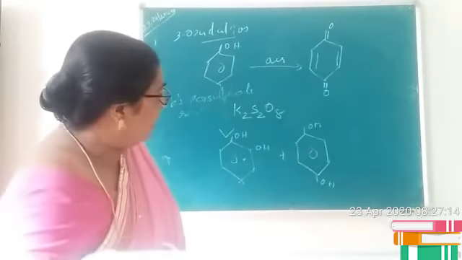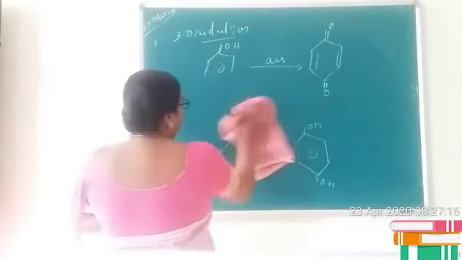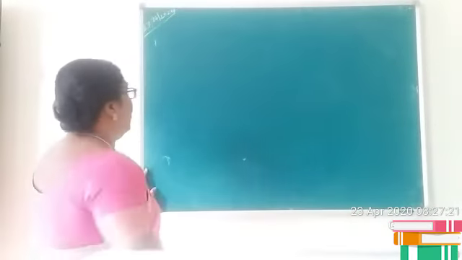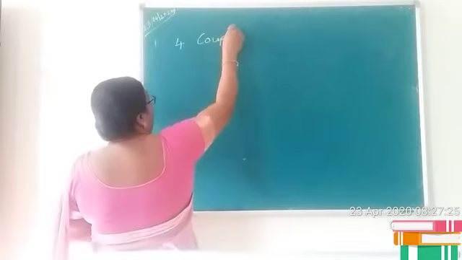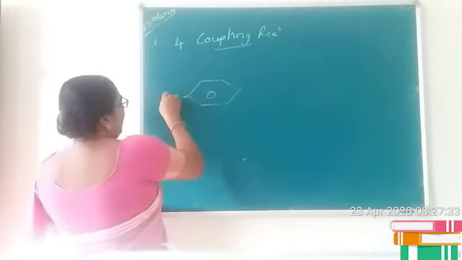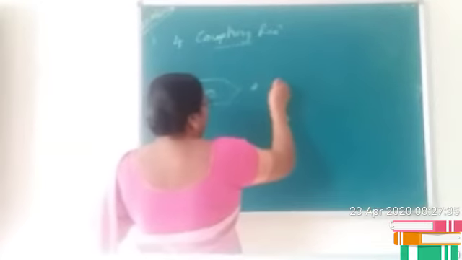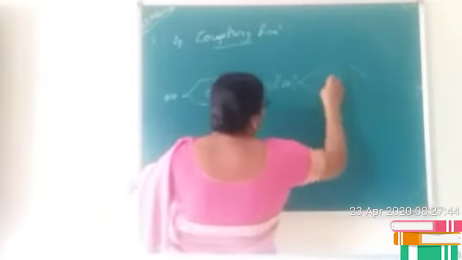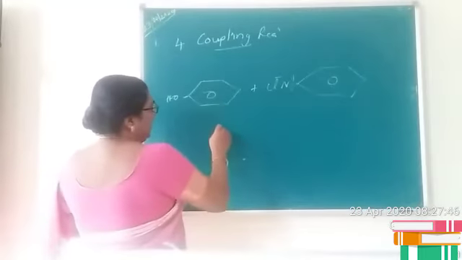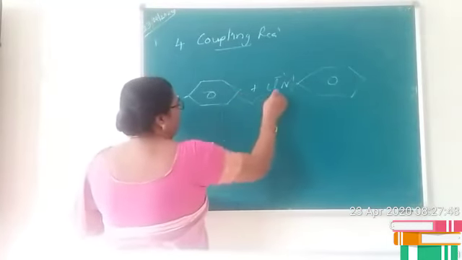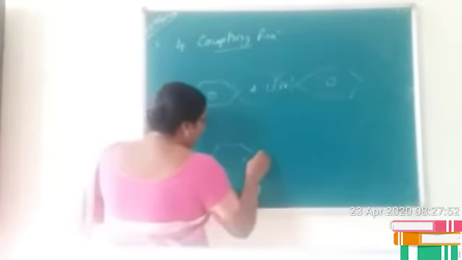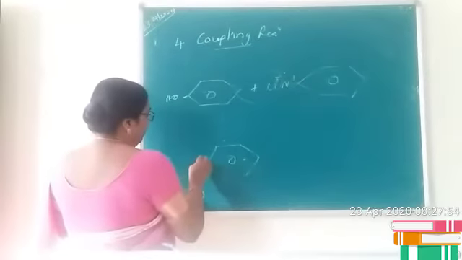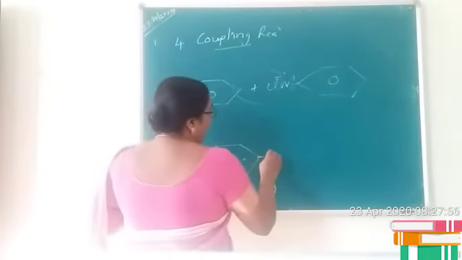Is it clear children? Next one, let us consider the coupling reaction. In the first chapter we studied how to prepare benzene diazonium chloride. Here phenol undergoes reaction with benzene diazonium chloride, and just removing a molecule of HCl you will be getting para-hydroxyazobenzene.